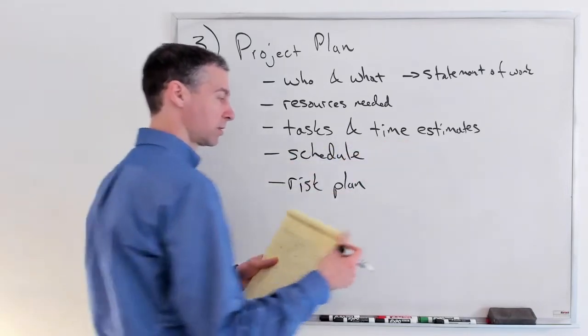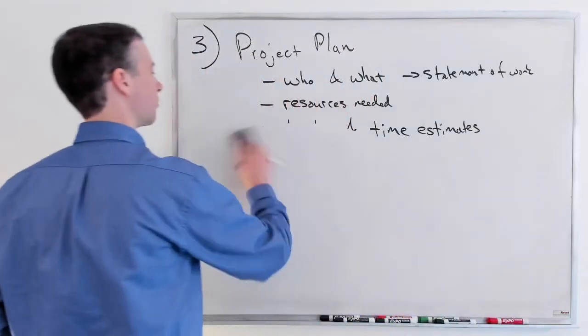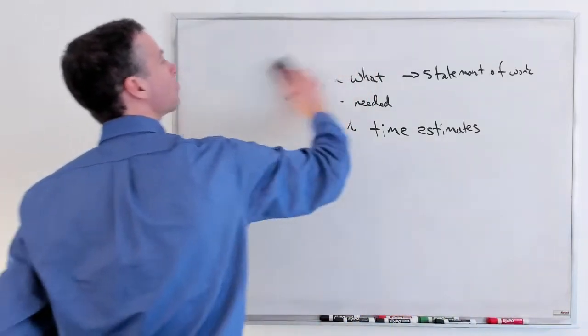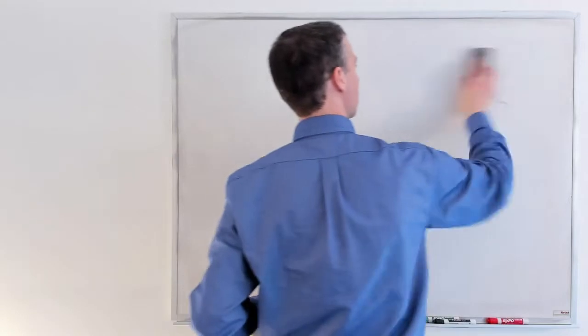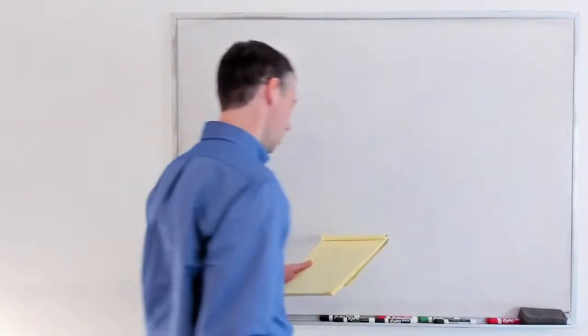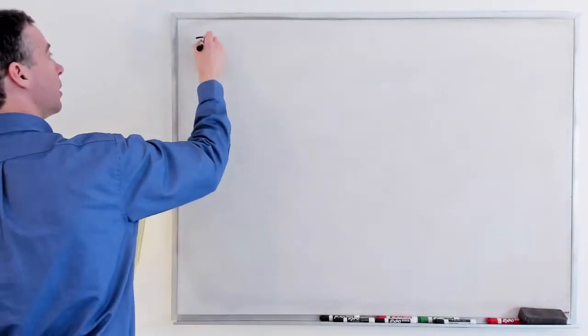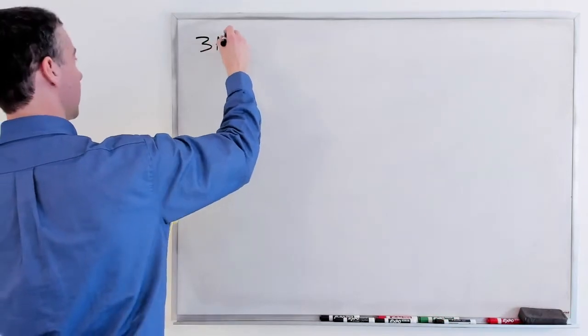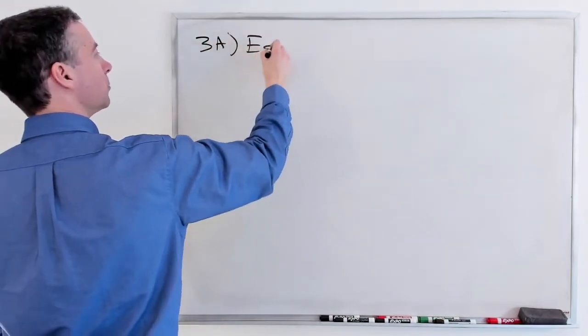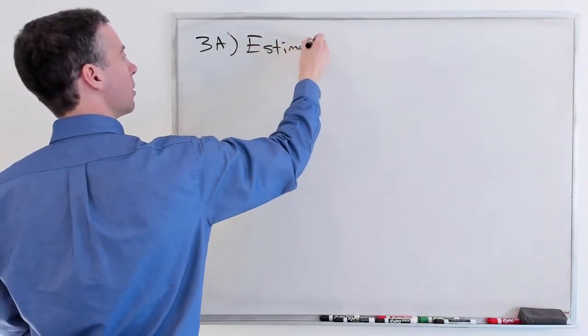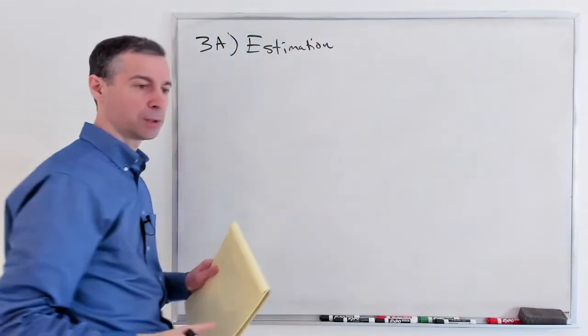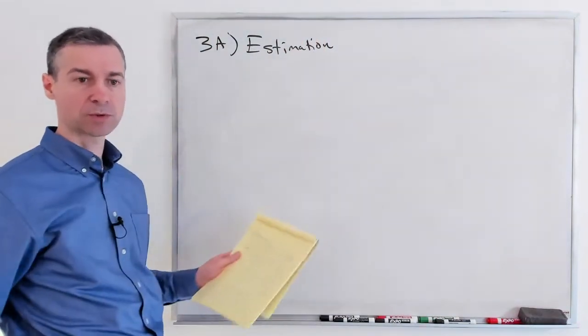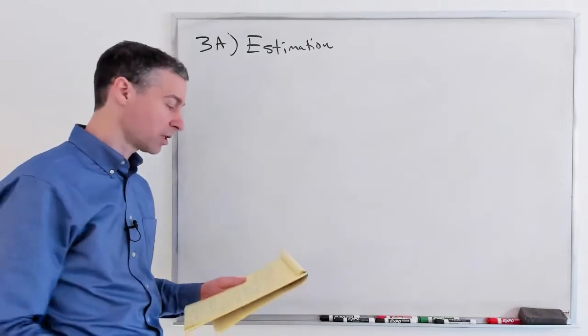So, time estimates. In Scrum, we take each of our stories and we estimate it with story points. And we use that mechanism and calibrate those story points to actual time by how many story points we got done per workday.